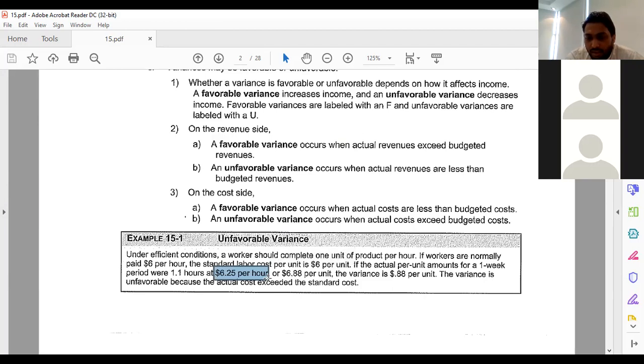Per hour $6 was our standard rate. But actually, what happened? We were paying $6.25 per hour. And this labor was inefficient, was not efficient as per our calculation. He took 1.1 hours. So what happened? For producing 1 unit, we had to pay $6.88 per unit. Clear?